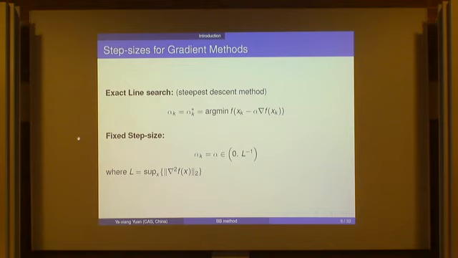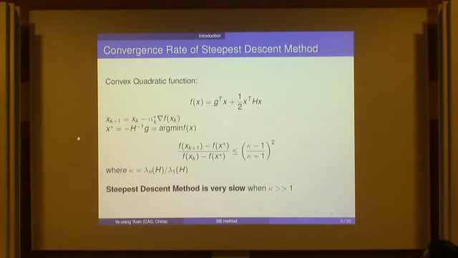For a fixed step size, you can make sure you reduce the function. Normally you require the step size to be upper bounded by 1 over L, the Lipschitz constant of the gradient. The convergence of the steepest descent method is linear.